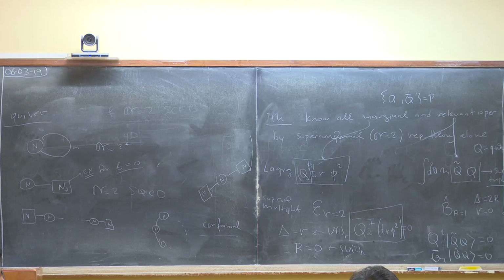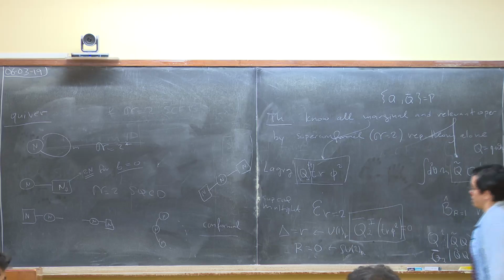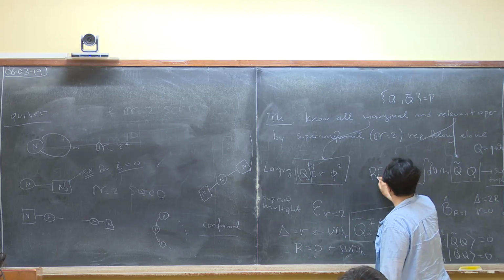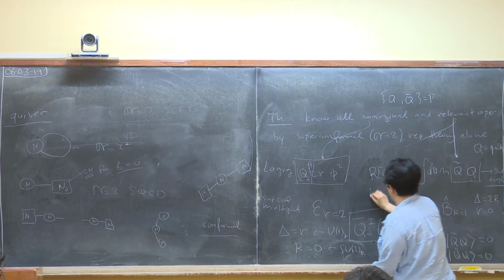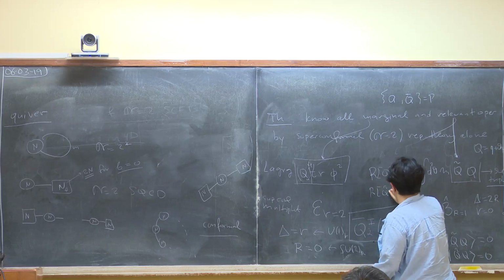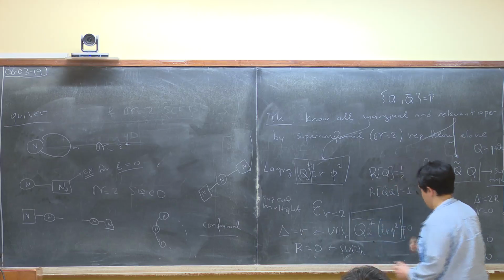So I'm sorry for these q's, but there is no way without LaTeX to make it better. So the primary is in spin half of SU2, and the q by itself is spin half. So let's write R of q is equal to 1/2. So when I write q tilde q, this is equal to 1.